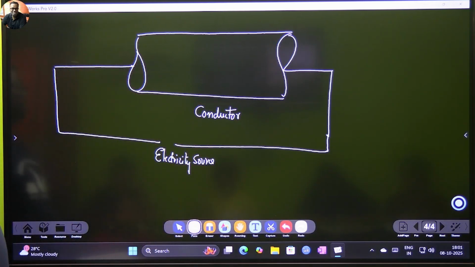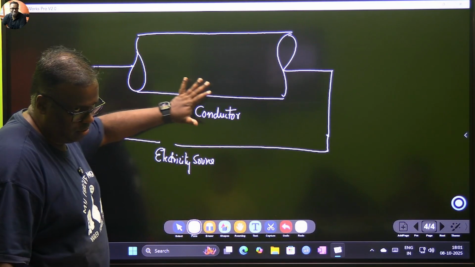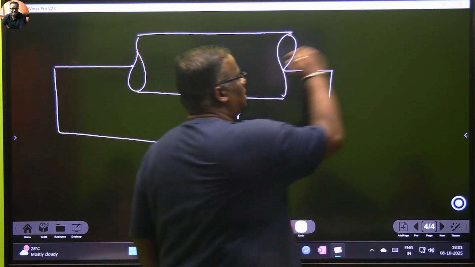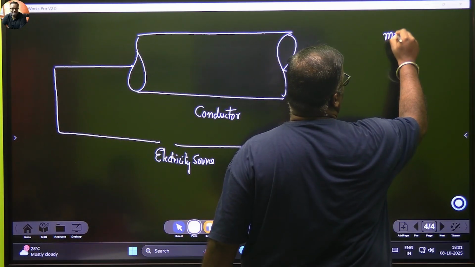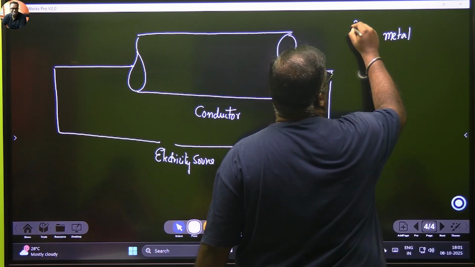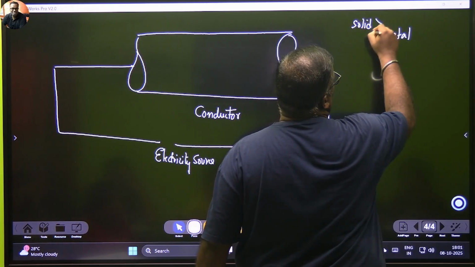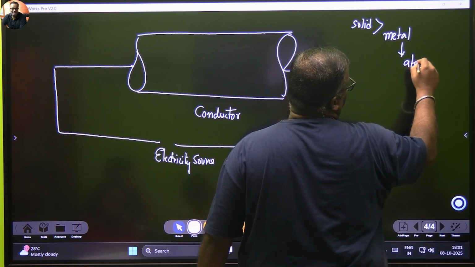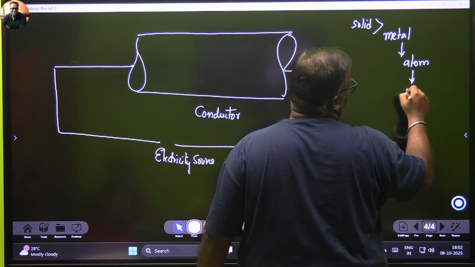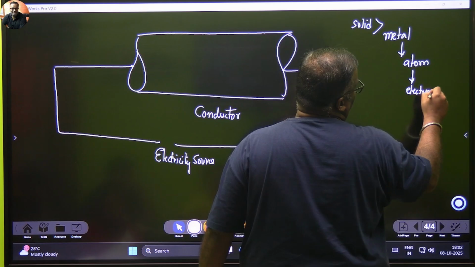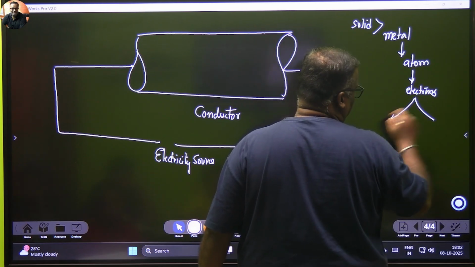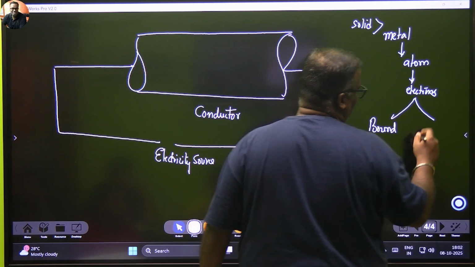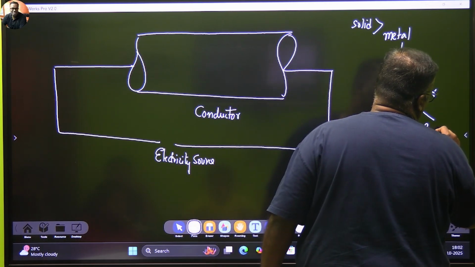Not at your level, but again, you should know what happens. This conductor must be made up of some metal, right? This has to be a solid, and the solid further has to be a metal. That means the metal will have metal atoms, and then the atom will have electrons. In these electrons, there will be two categories. Some electrons will be bound electrons, and some will be free electrons.